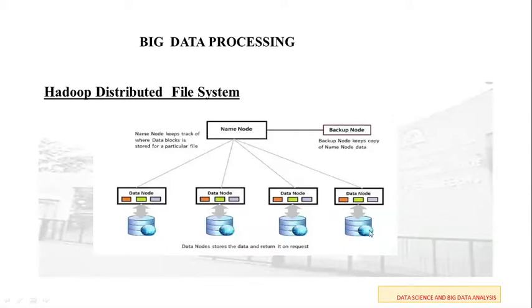This Hadoop architecture belongs to different components, and the main components are the name node and the data node. HDFS is the primary storage system used by Hadoop applications.